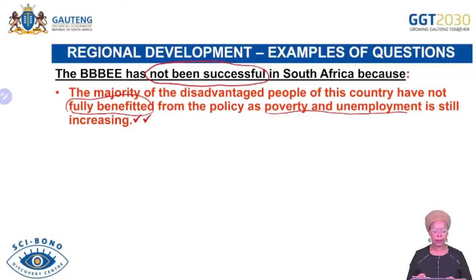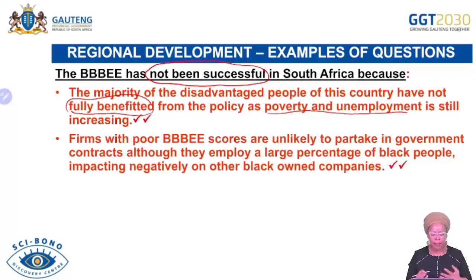Increasing. Again, you can mention that firms with poor triple BEE scores are unlikely to participate in government contracts, although they employ a large percentage of Black people, impacting negatively on other Black-owned companies. So remember that not all Black-owned companies will qualify for government tenders.